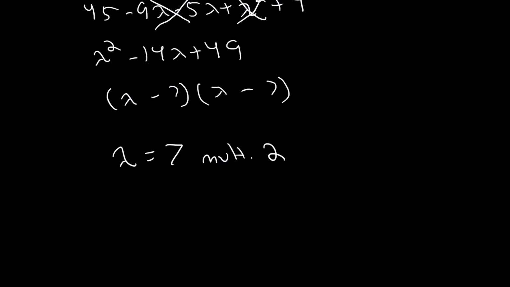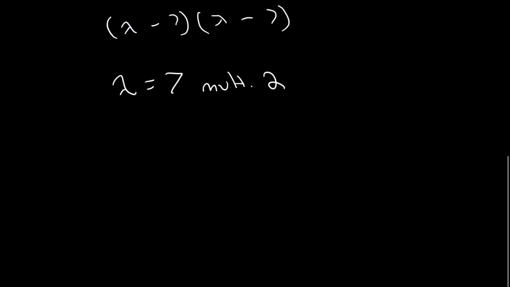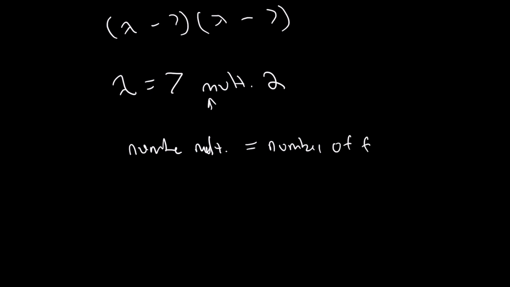And again, to see if it is diagonalizable, we can check for that as well, you're going to have to make sure that the number of multiples of the eigenvalue has to equal the number of free variables of the matrix.